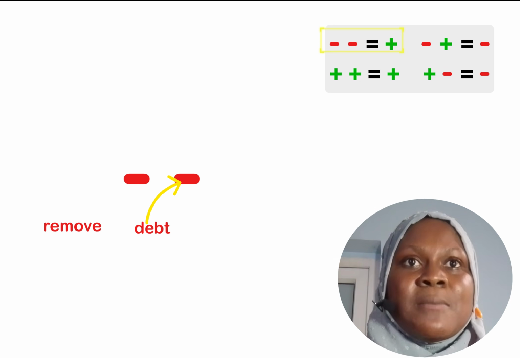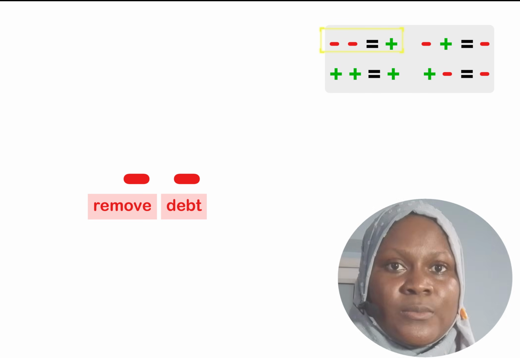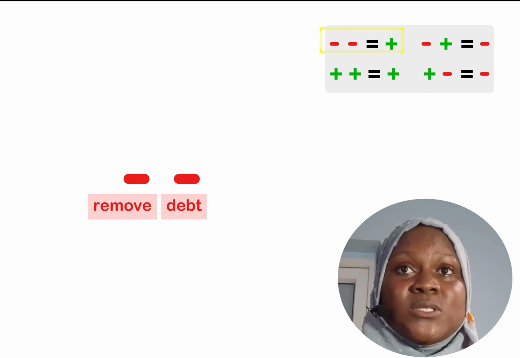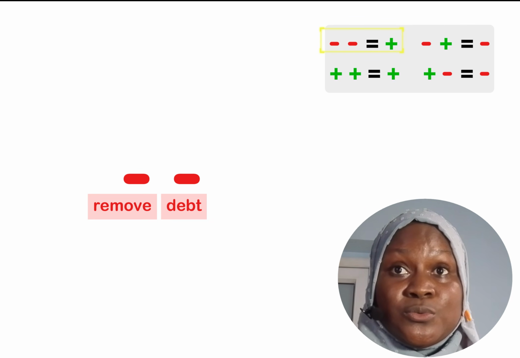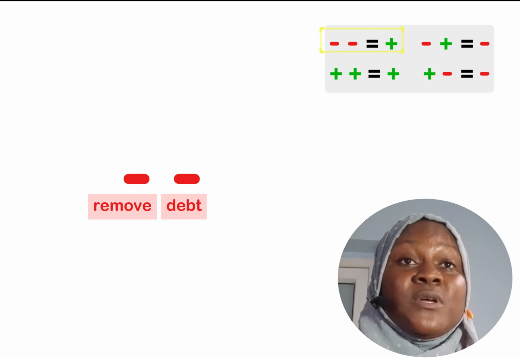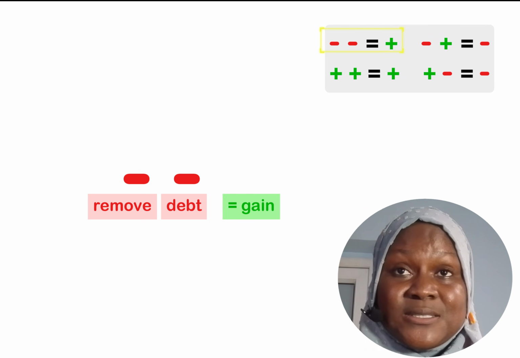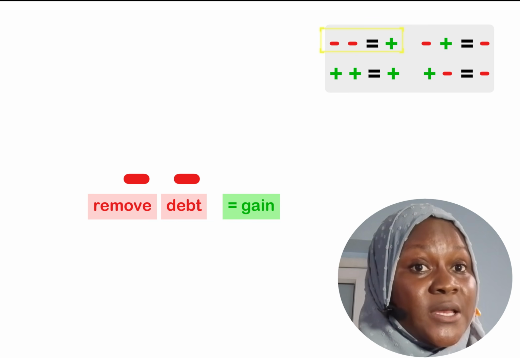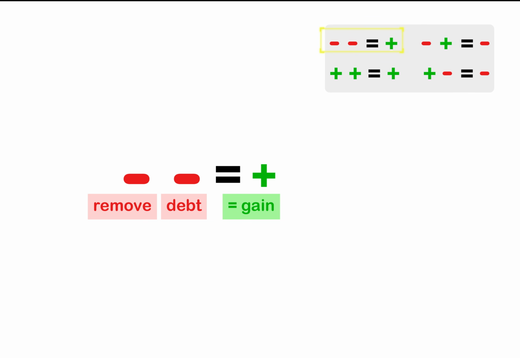That means minus minus means remove debt. Now think about an action that removes debt for you. If you remove debt for someone, that means that person is gaining. So minus minus gives a positive result.